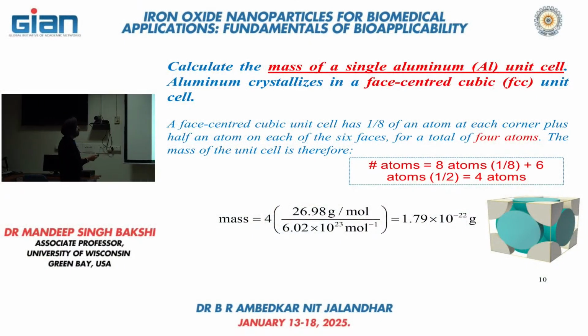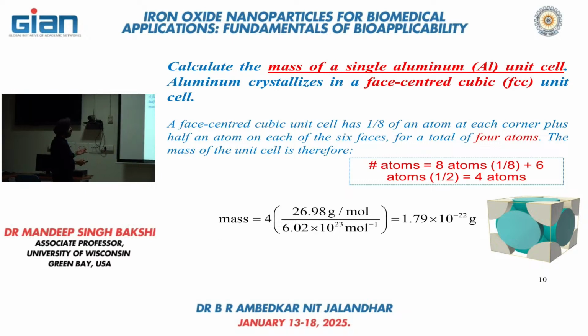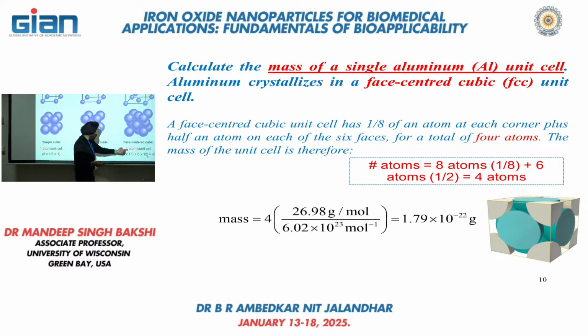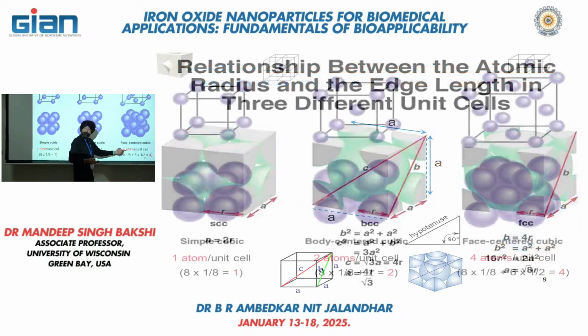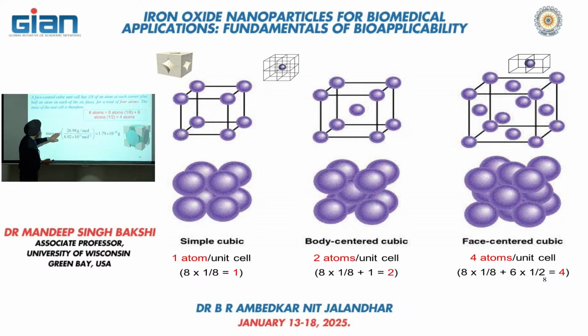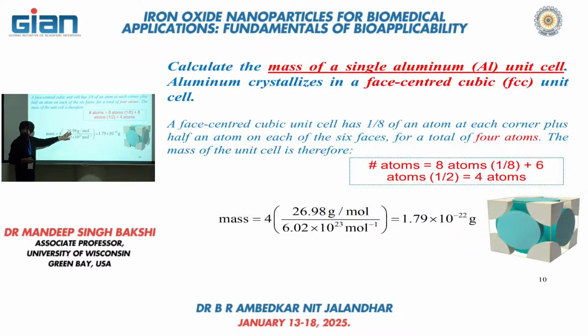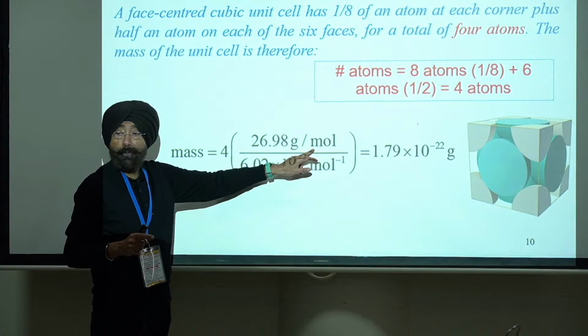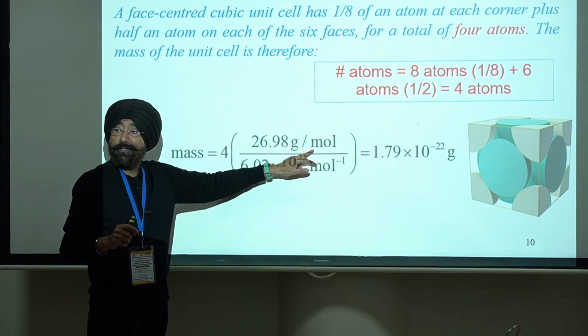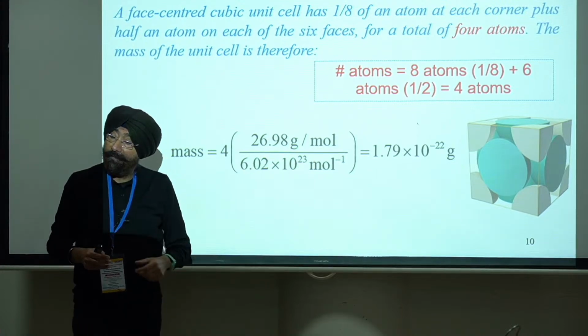So it's a face-centered cubic geometry. For the face-centered cubic geometry, we know there are 4 atoms, and it means that in order to calculate the mass of the 4 atoms, we need to multiply the mass with the formula mass. But you know that the formula mass is gram per mole. It is not the formula mass of one atom. It is the formula mass of 1 mole of atoms.